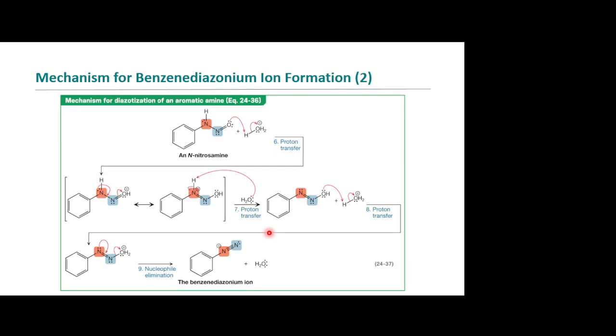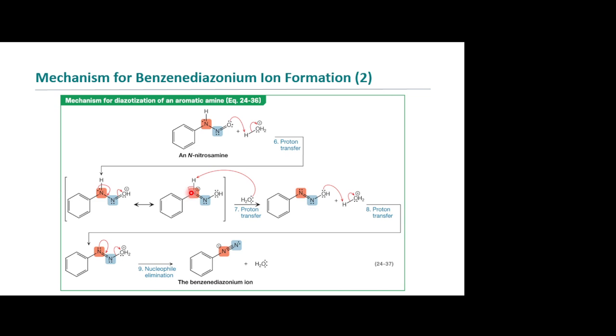This is the acid. So we're going to start with that, the proton transfer step right there. That's going to have that proton back on this oxygen here. Now notice this is going to create a resonance structure where we'll have the positive charge on the oxygen here and the positive charge on the nitrogen right there. That's going to make that proton there very acidic.